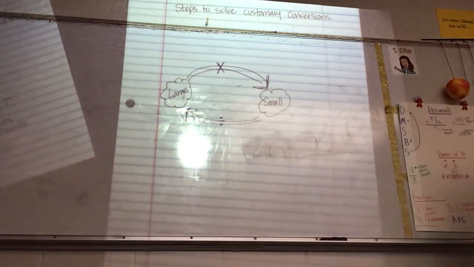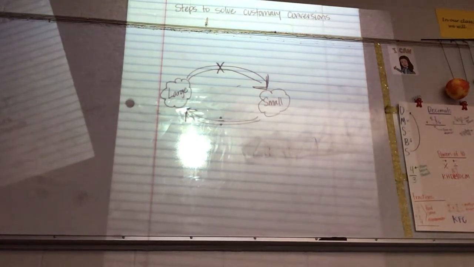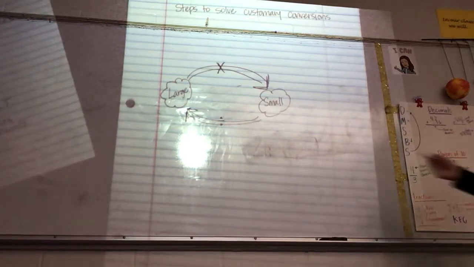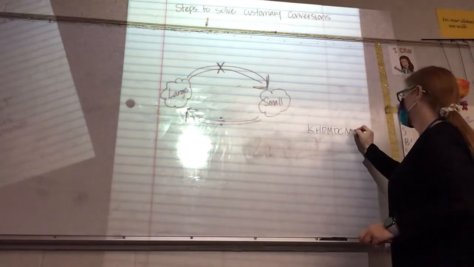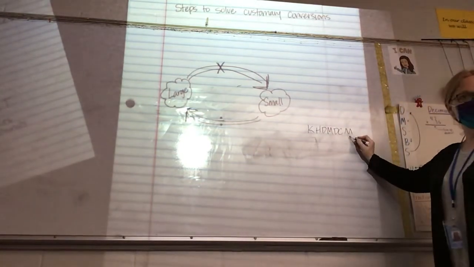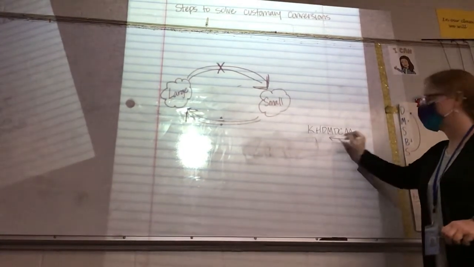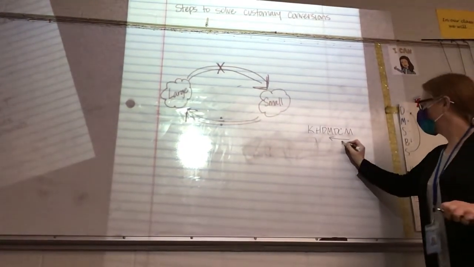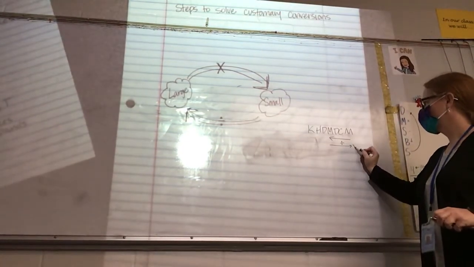I'm going to write our King Henry just because I want you to see how it is somewhat the same. When I start here at a smaller unit and I go that way, what do I do? I divide. If I start at a larger unit and go that way, what do I do? I multiply.